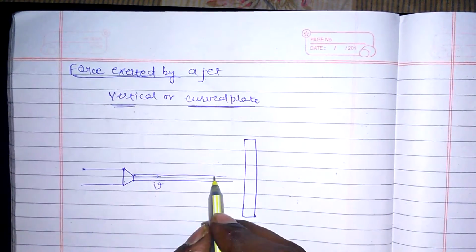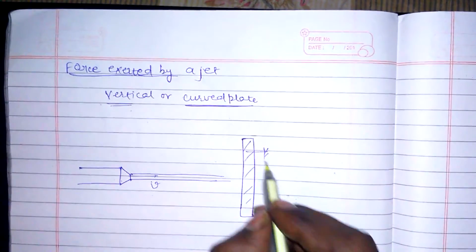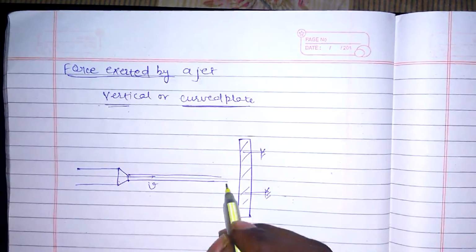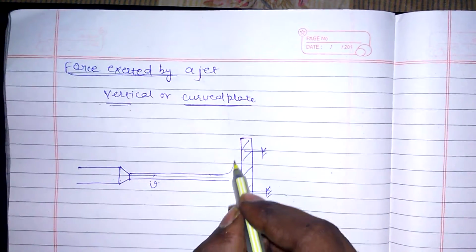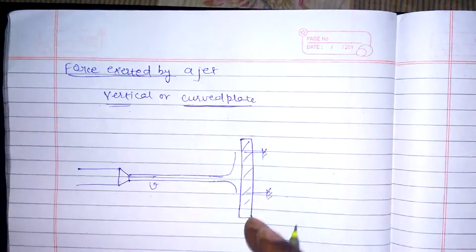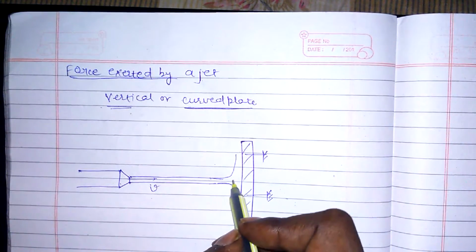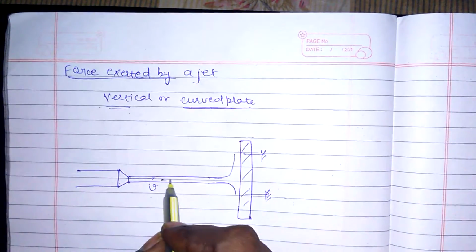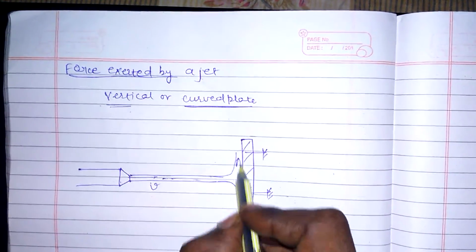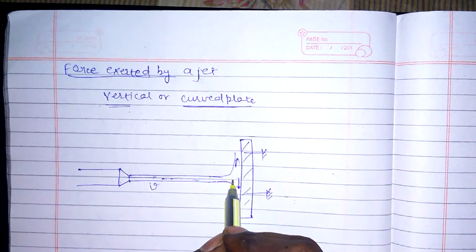When it strikes the surface, suppose it is fixed, it will go in a perpendicular direction to the jet flow. Because when it strikes the surface, it will diverge, so the diversion would be in this direction or in this direction, perpendicular to the direction of flow.